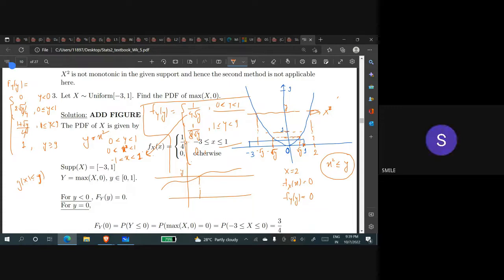Now if you look at the second one, x square lying between 1 to 9 implies x lying between -3 to -1 and 1 to 3. We can discard 1 to 3 since it is not in the support of this function.